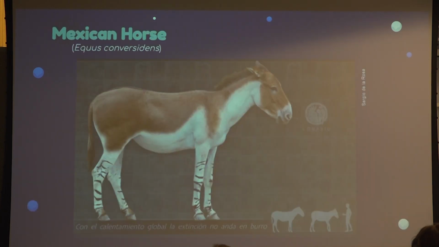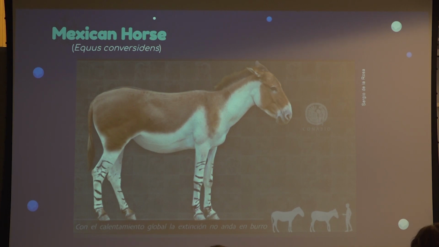And if you notice, we're going down in size. So I started at the biggest and we're working our way down to the smaller critters. Now, I couldn't find a better name for this horse, but it seems commonly it's called the Mexican horse. But this little Equus ranged so far. It went all the way from Mexico to Alberta, Canada. It was everywhere.